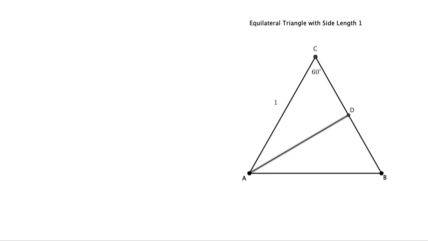Essentially, we're cutting the triangle exactly in half. And this could lead to some interesting consequences, namely, if this angle here was 60, well, now line segment AD bisects this angle. In other words, it cuts it in half.